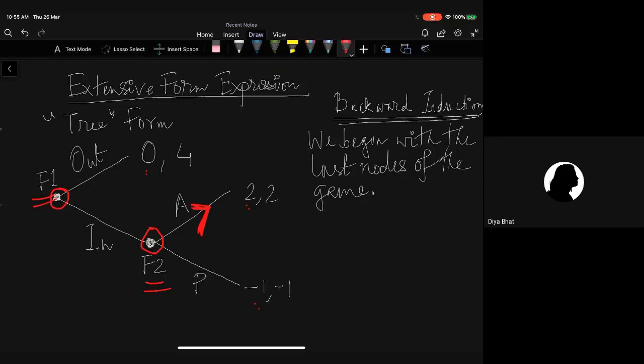If it goes in, then it knows that on the last period firm 2 would choose A, in which case it would get 2. Knowing that, firm 1 would go in, right? So firm 1 would go in knowing that firm 2 would choose A.